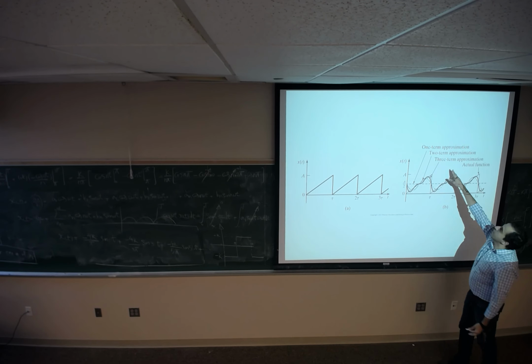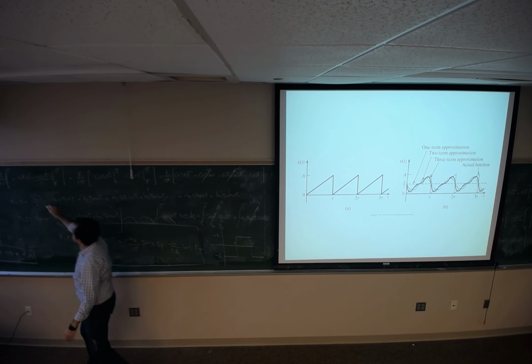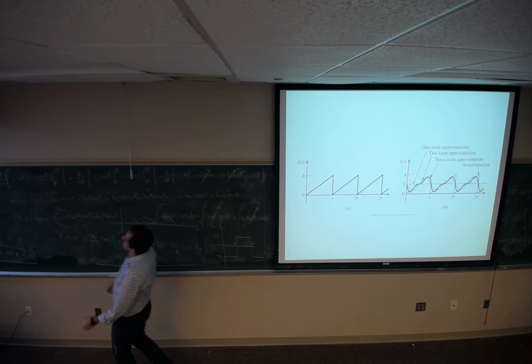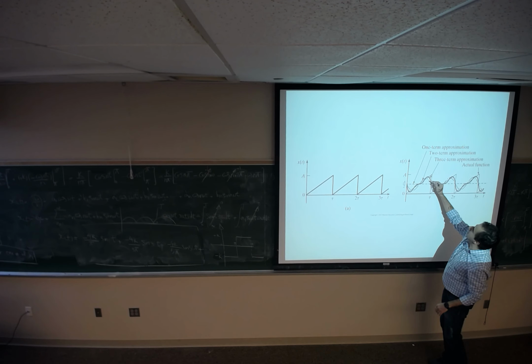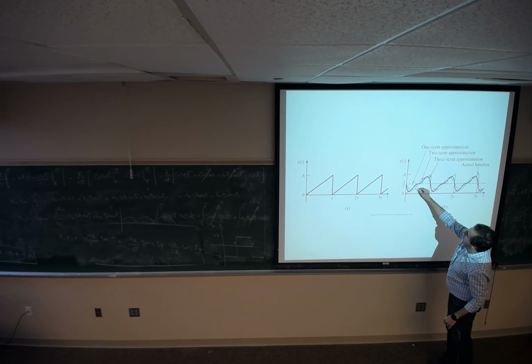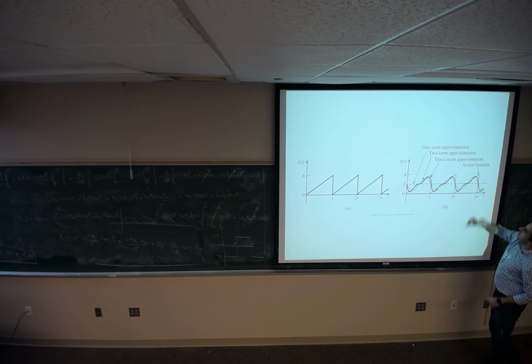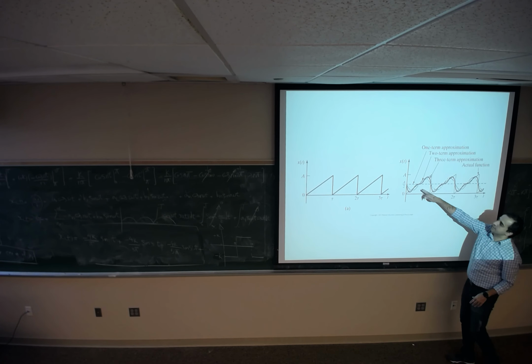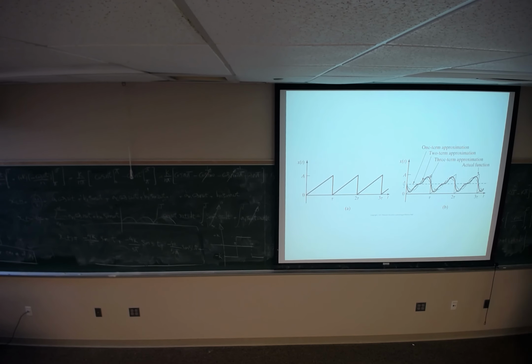If you consider a 2-term approximation, you consider A naught and the second term, I mean the second term which is not 0, then it's going to look like this. It's much better than the first term, but we still have some difference compared with the original function.